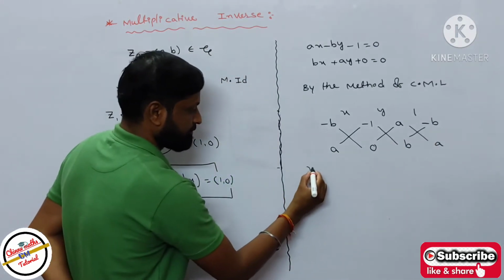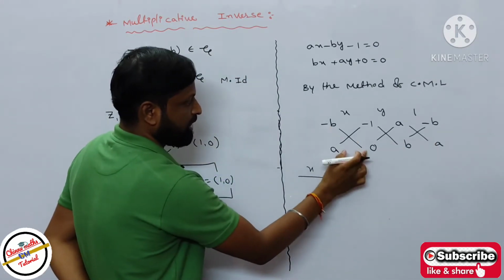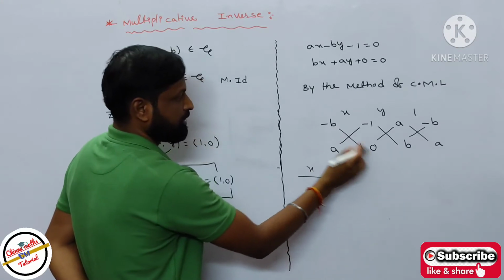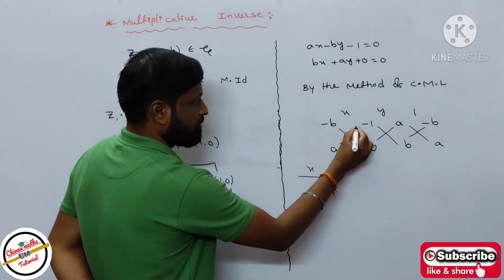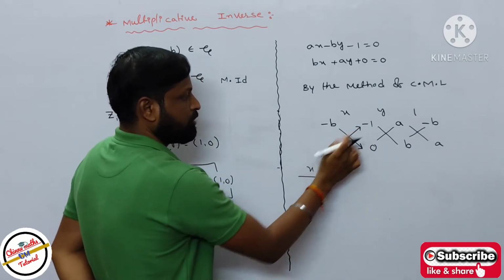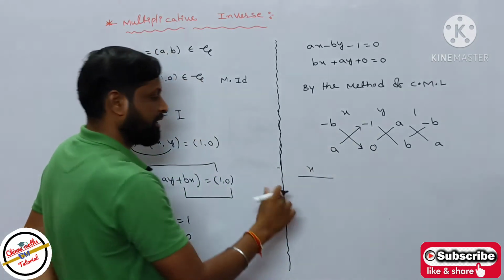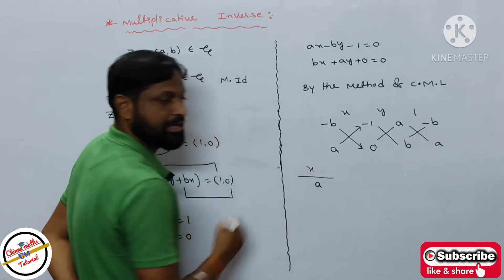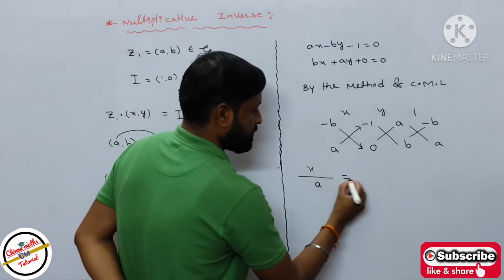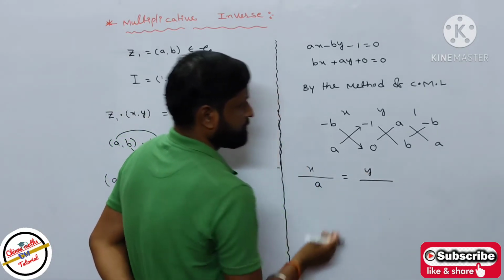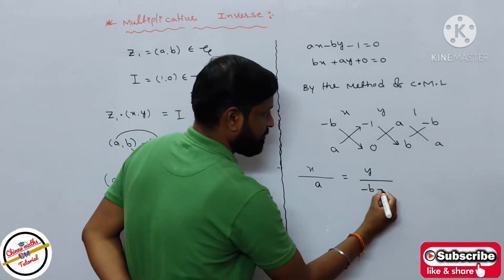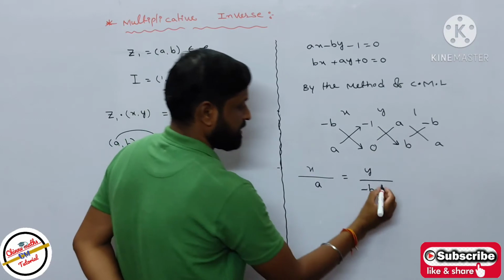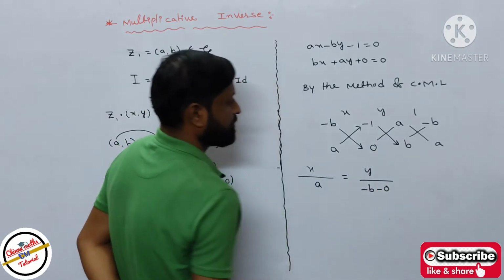Then x by, first multiply these two: 0 into minus B, 0, minus, after that multiply these two: A into minus 1 equals minus A, and minus of that means plus A. It is equal to y by, first multiply these two: B into minus 1, minus B, minus 0 into A, that is equal to 0. Okay.